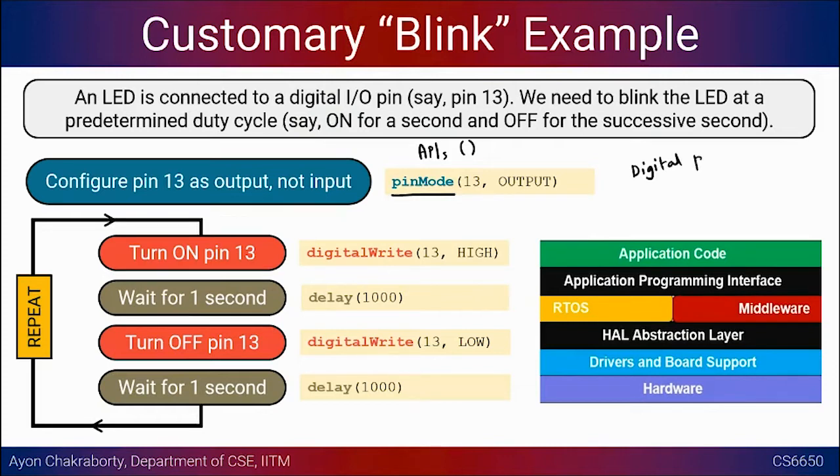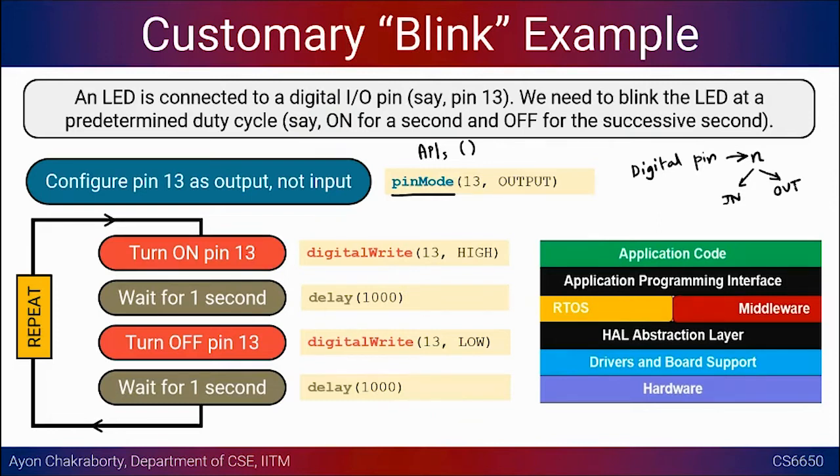A digital pin, let's say with pin number n, whether this is going to be an input pin receiving a certain digital signal, or it's going to be used as an output.